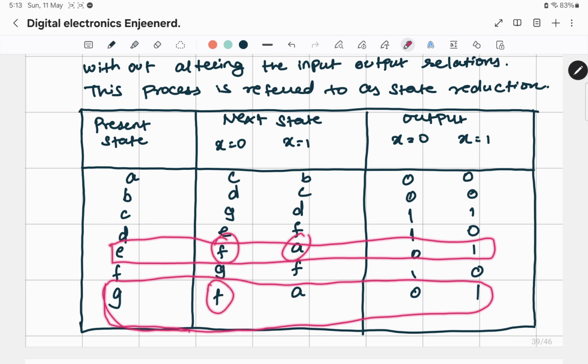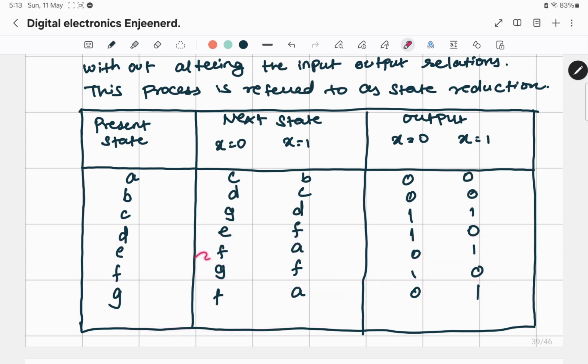F, A, 0, 1, 0, 1. We have to check from this part to this part, and it should be exactly the same, which means I can replace E by G or G by E anyhow. So I'll replace G by E.